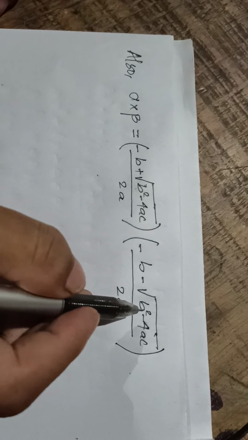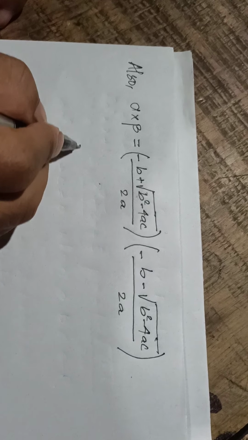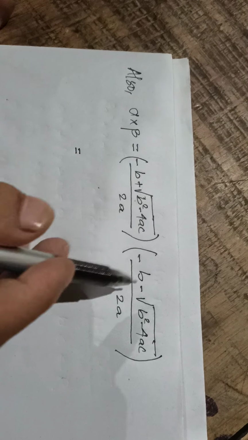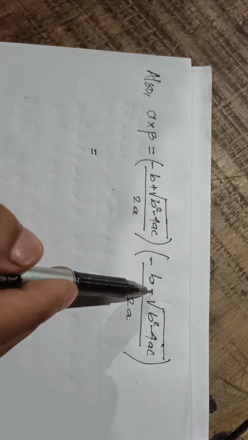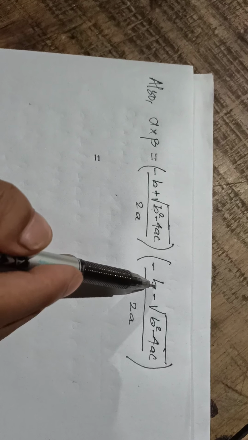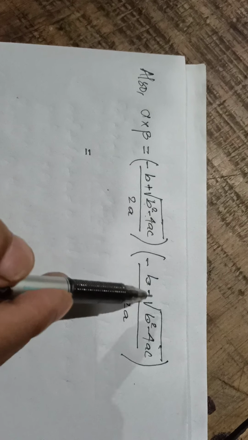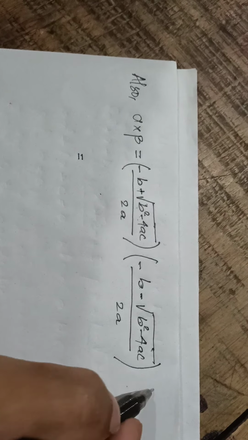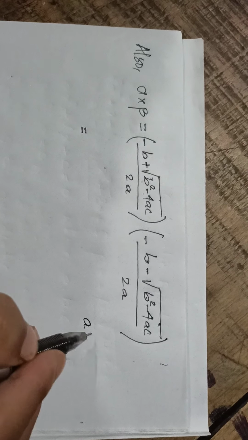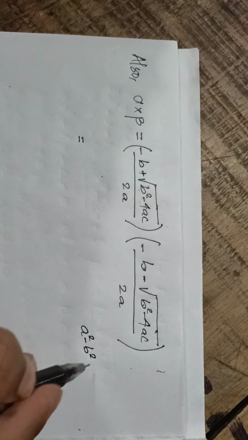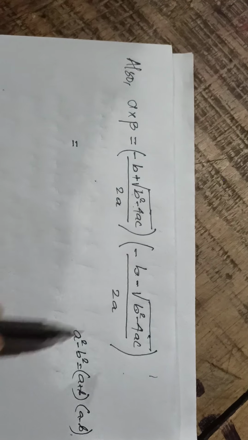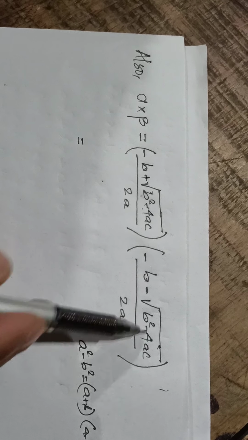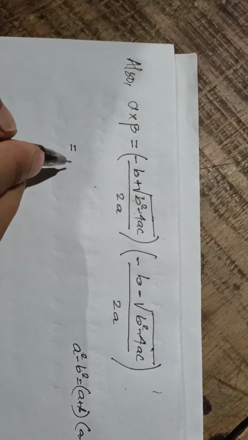Numerator and numerator will multiply, denominator and denominator. If you observe the numerator here, it is in the form of (a + b)(a − b), because the values are equal, only the sign differs, plus here, minus here. So it can be put in the form a² − b² = (a + b)(a − b).